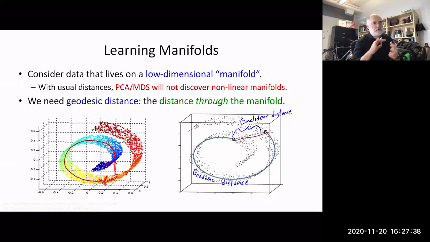Which means that when you do MDS, multidimensional scaling, whatever Zs you learn will try to preserve all of these distances exactly. So it won't be able to actually unroll the roll and have a low dimensional representation. Basically, it won't be able to discover a good two-dimensional representation of this two-dimensional structure living in a three-dimensional space, because it can't unroll it, since it has to preserve all pairwise distances.